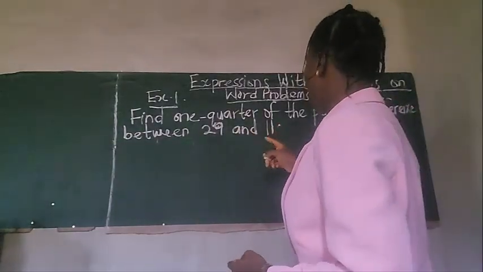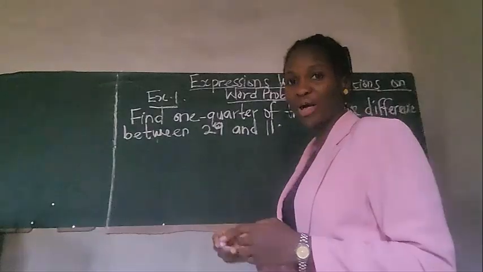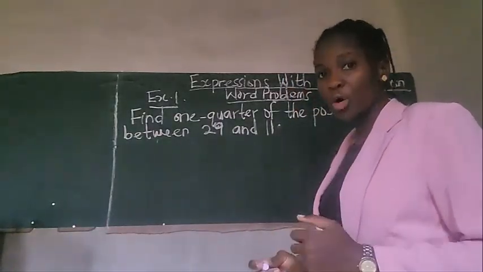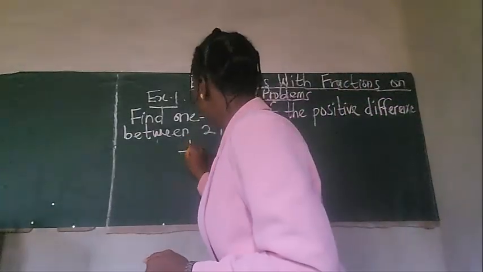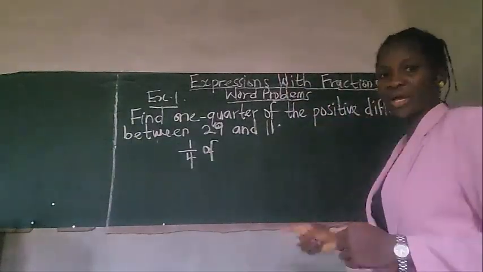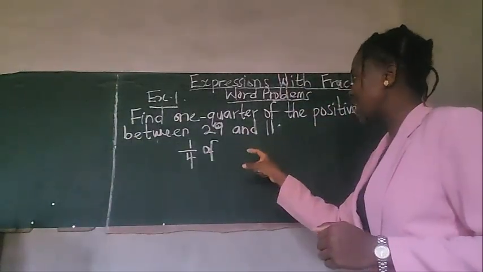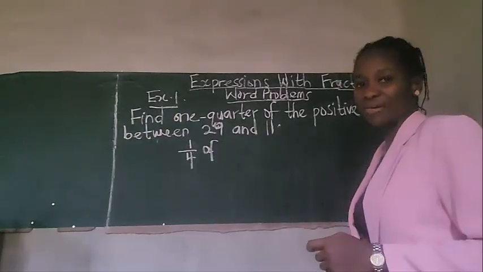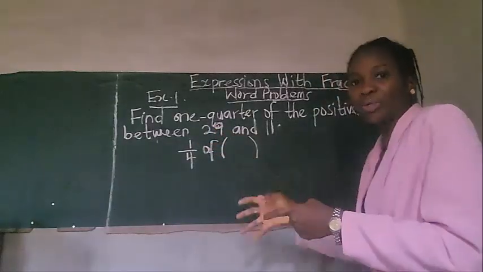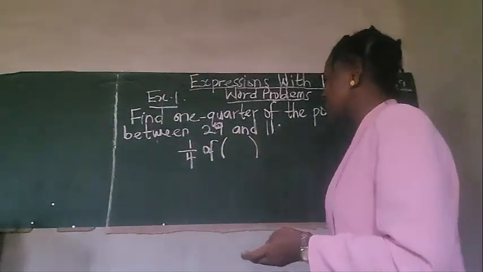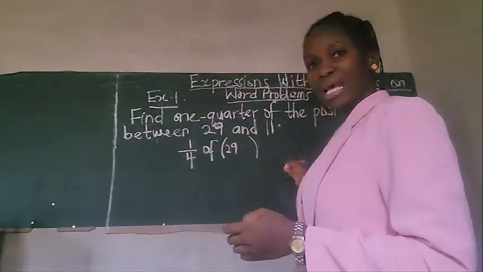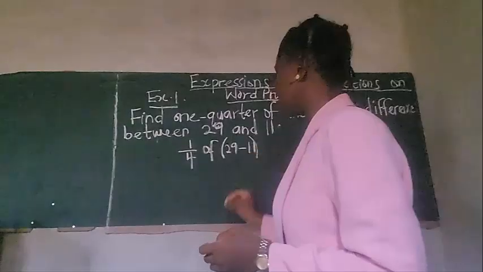Find 1/4 of the positive difference between 29 and 11. Let's put brackets here because it is the positive difference that we need. So brackets must be here. That's 29, because 29 is the bigger number, minus 11.